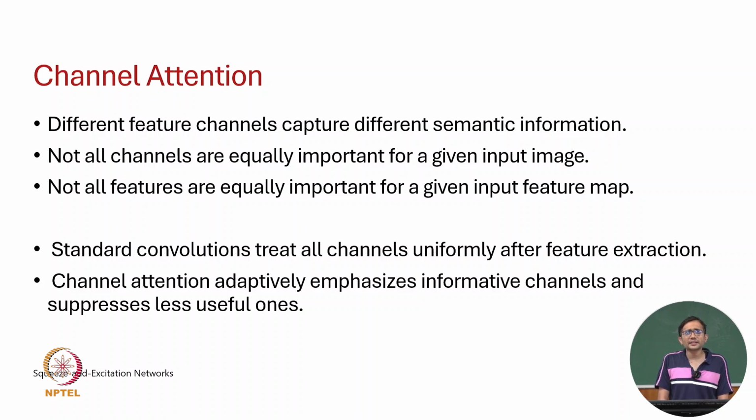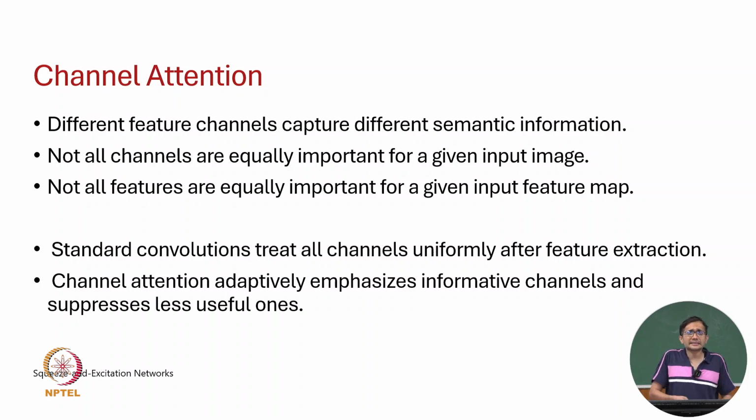So with this context in mind, it is important that we somehow select or give a kind of weightage to these input channels. The different feature channels capture different semantic information. Not all channels are equally important for a given image, channels or bands.